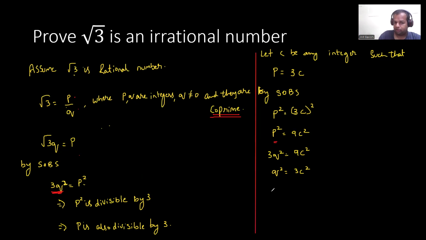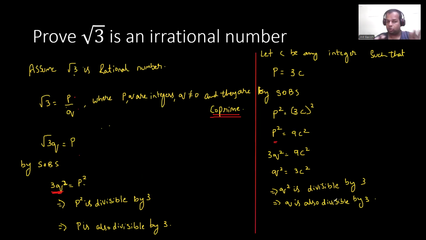So Q square is divisible by 3. So if the square number is divisible by 3, as you know, Q is also divisible by 3.